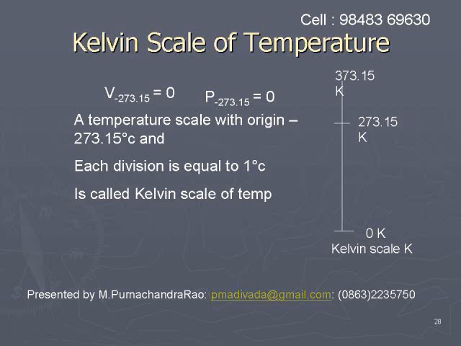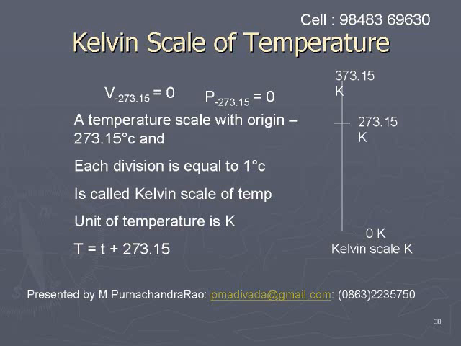So, the temperature of ice becomes 273.15 Kelvin and the boiling temperature of water becomes 373.15 Kelvin.